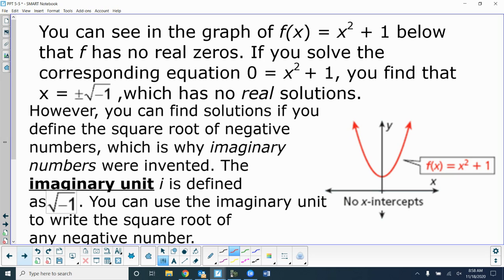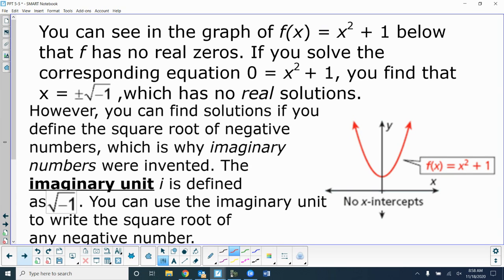Up until today, you couldn't do that, right? Can't take the square root of a negative. But there was some mathematician a long time ago who said you can find solutions if you define the square root of a negative number. So that is why imaginary numbers were invented.